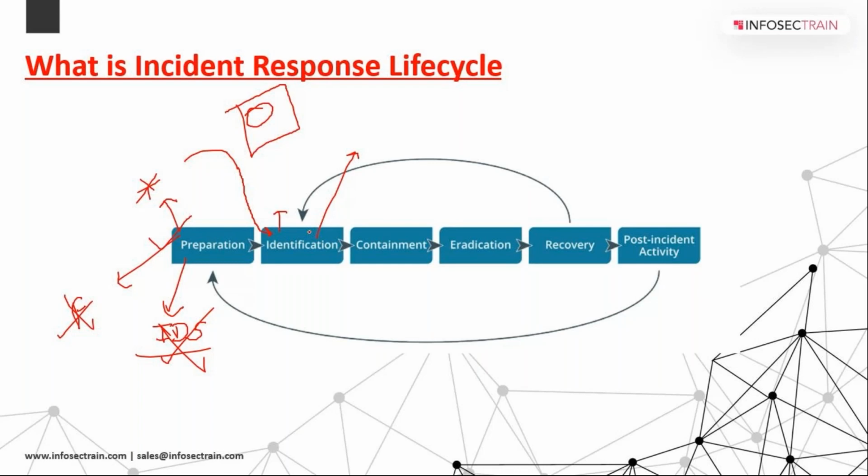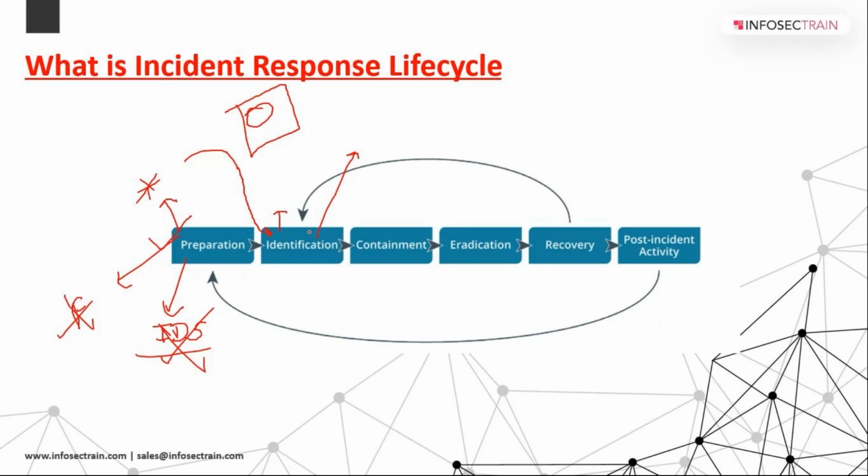Okay, so in identification, remember what the role of identification is: to identify that something is going wrong. Let's say, for example, there is no identification in my organization. What consequences can I face? The moment my firewall, IDS, IPS, endpoint security, and antivirus all fail and the virus has just entered my organization, the attacker would be sitting in my system, and I would not even be aware of it.